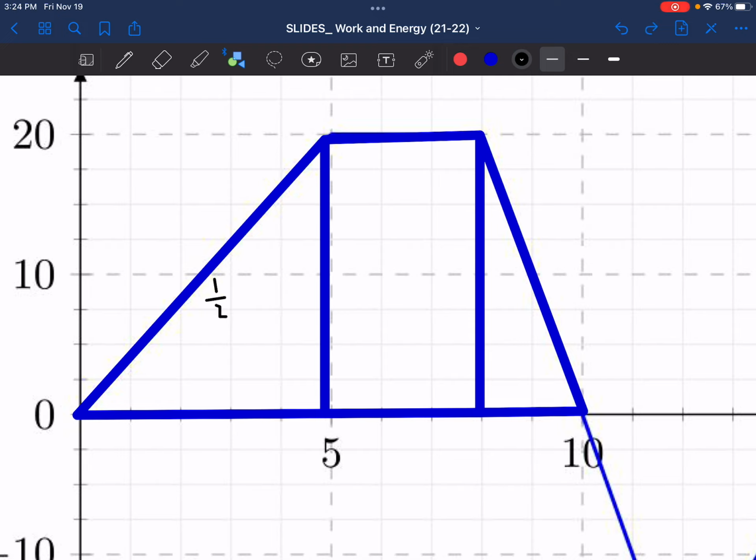Oh, I have my line tool going still. 1/2, the base is 5, the height is 20. So that's 1/2 times 5 times 20, which is 50 joules. This box is, what is it? It's 1, 2, 3 times 20, so 60 joules.